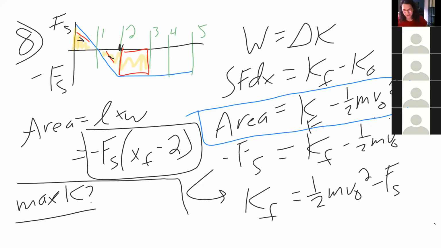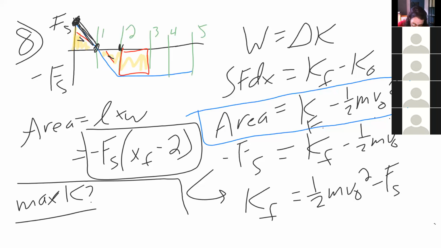The first question that I would ask you as a sort of conceptual review, when you're trying to figure out what the maximum kinetic energy is, is where does it experience a max kinetic energy on this diagram? Your object starts off at this point up here, and it has some positive kinetic energy. It has a mass, it has a velocity. As it moves from x equals 0 to x equals 1, this is still in the positive force side, which means that the work here is still positive.